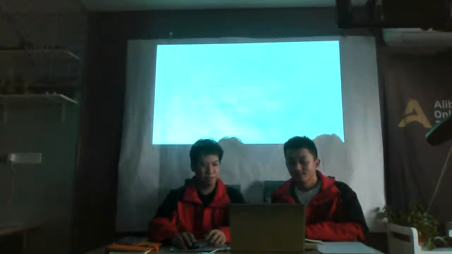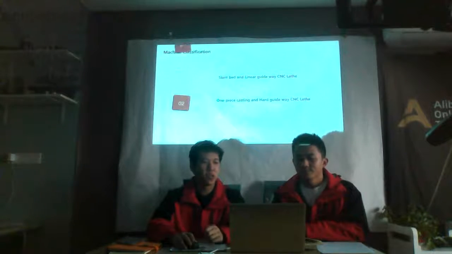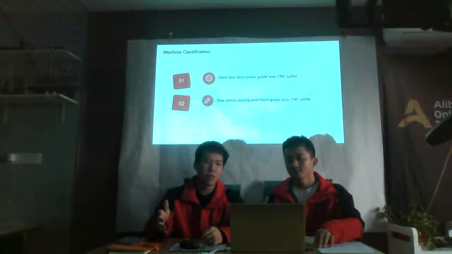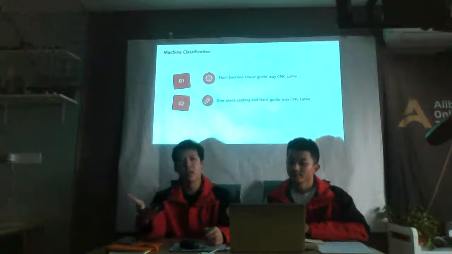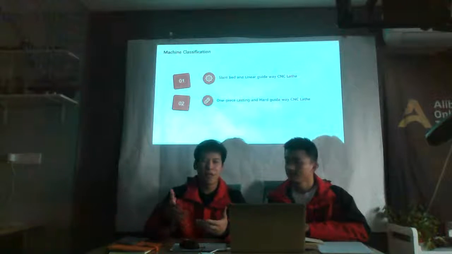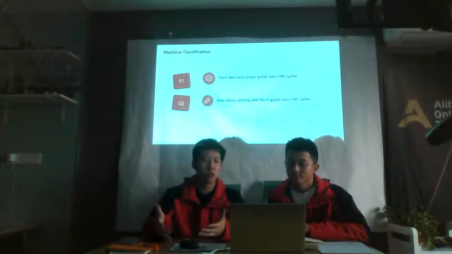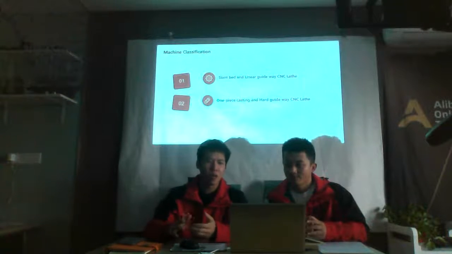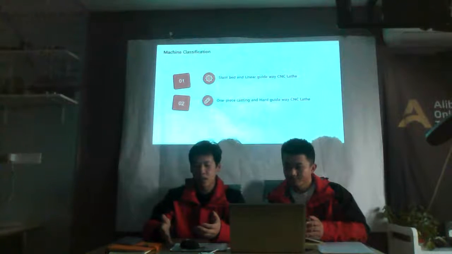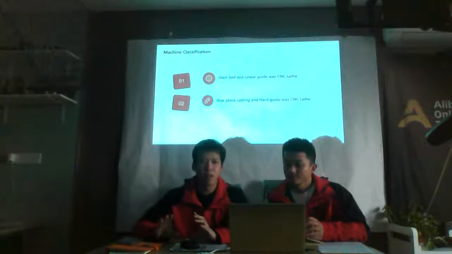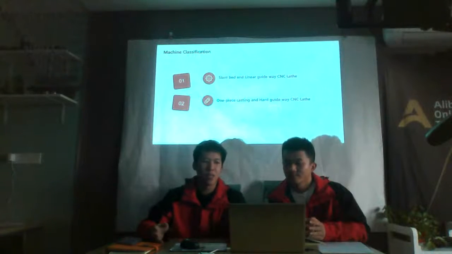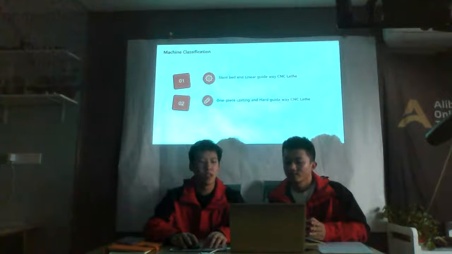So let's begin. For today's first part, we are going to show you the sling bed machine detail and the difference between each sling bed lathe machine model. For the first section, I'm going to show you some pictures of different machine models and the difference between each model of the sling bed and linear guide CNC lathe machine.